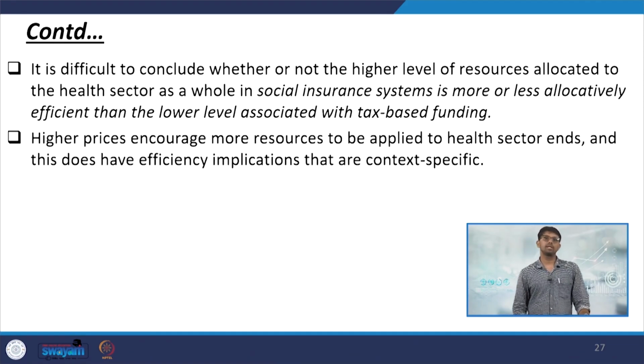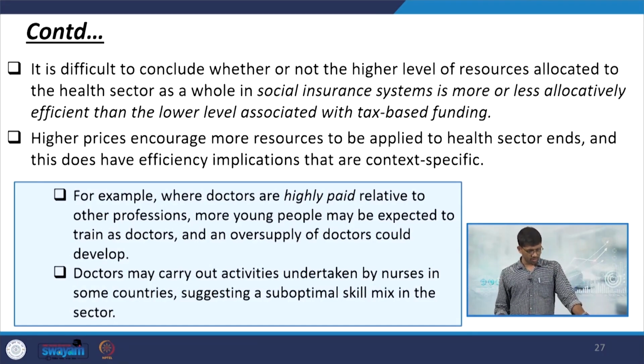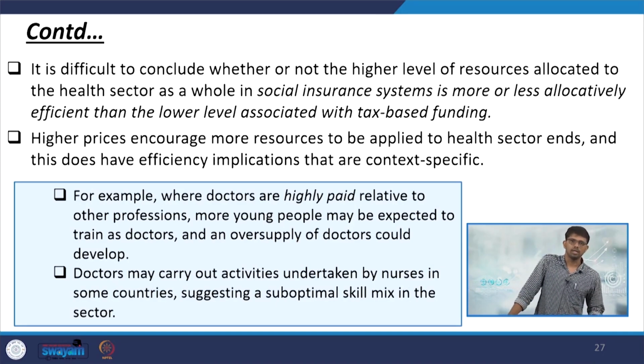Higher prices encourage more resources to be applied to the health sector, and this does have efficiency implications that are context specific. For example, in these two specific cases, where doctors are highly paid relative to other professions, more young people may be expected to train as doctors, and an oversupply of doctors could develop since they are highly paid.